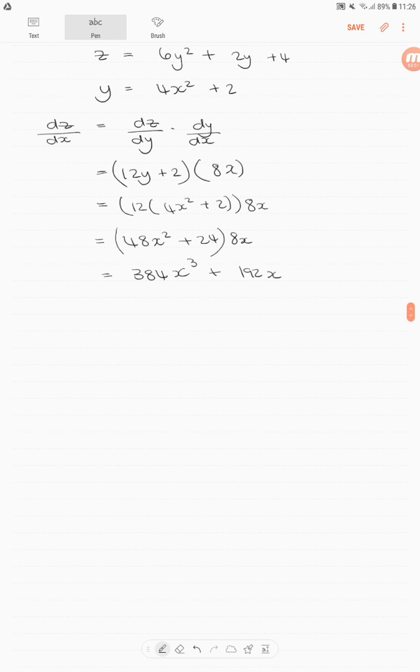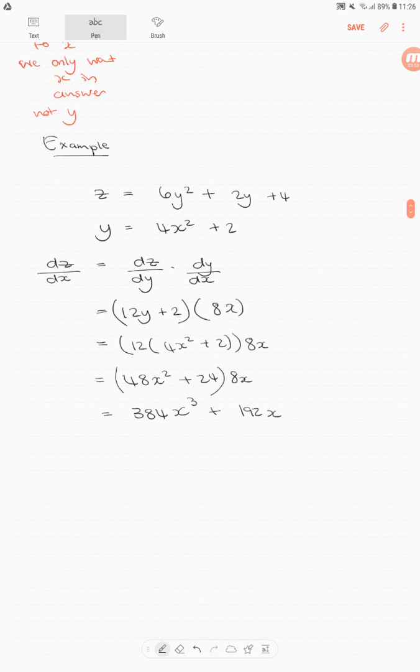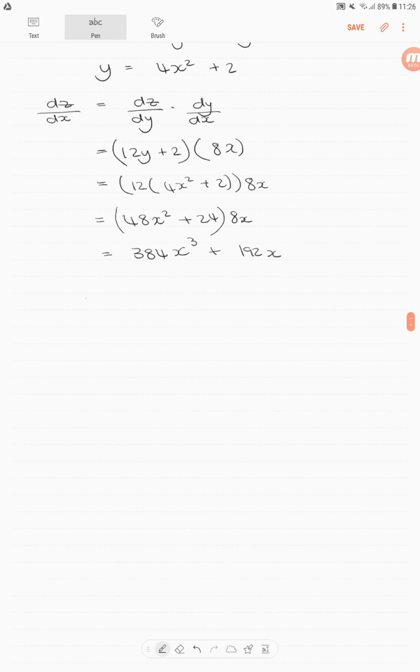How is this important economically? For example, if we have our revenue as a function of the quantity that we sell, we know this is price times quantity, but our quantity is manufactured by labor, for example, L to the power of alpha. How do we know how our revenue changes with labor? This will be the derivative of the revenue function with regards to labor.